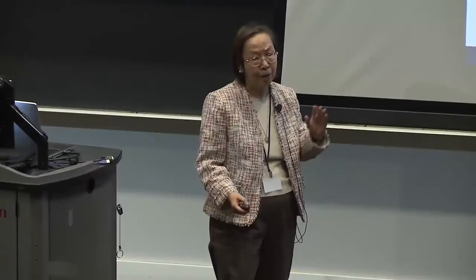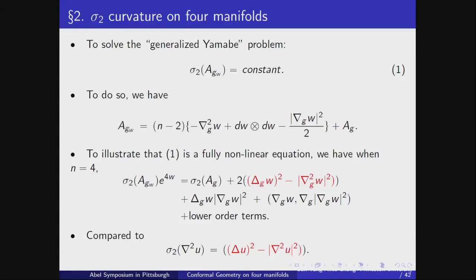So let me say a little bit about how it goes. Say, for example, uniformization suggests we should classify manifolds according to some model example, when the curvature is a constant. Sigma 2 is a constant. So let's do it under conformal change.